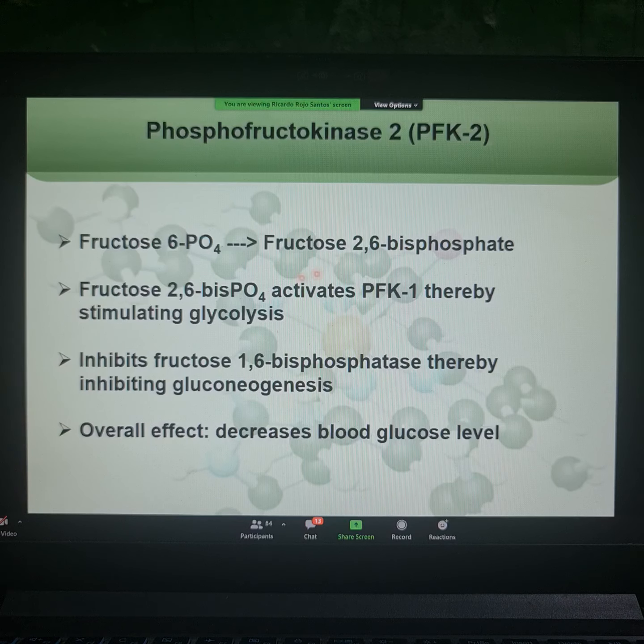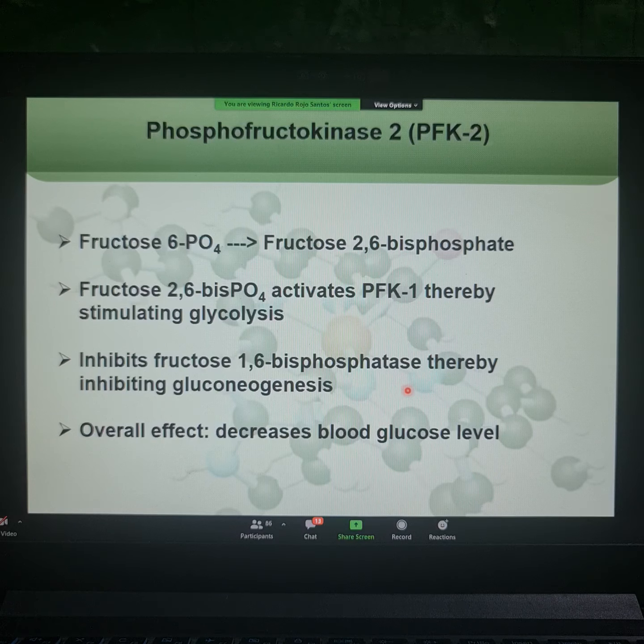Another thing, fructose 2,6-bisphosphate inhibits fructose 1,6-bisphosphatase, okay? A regulatory enzyme in gluconeogenesis. So by inhibiting bisphosphatase, you inhibit gluconeogenesis.